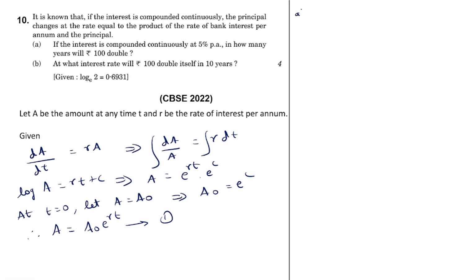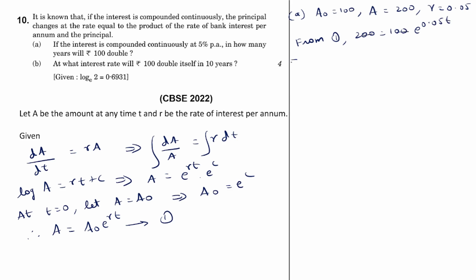So the first subdivision, A naught is 100, that is A will be 200 and R is 5%, it is 0.05. So let us substitute all these in 1. From 1 we have 200 equal to 100 into e raised to 0.05t.